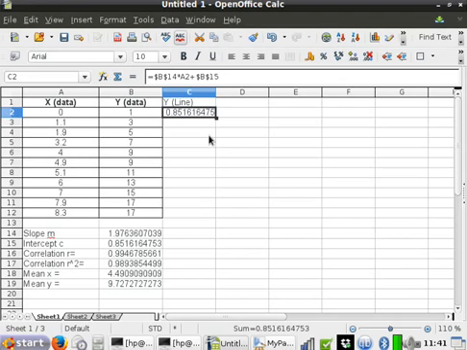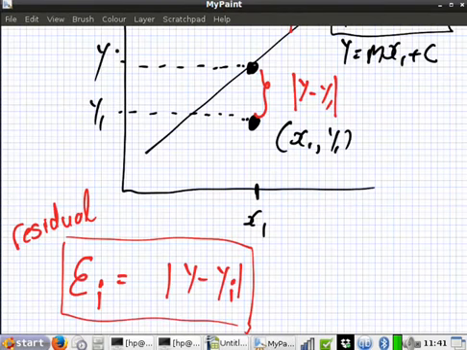Who can tell me what this number represents? Well, just think back here. What this number represents would be this point on the line. In other words, it's where the point should be versus where it is in your data.